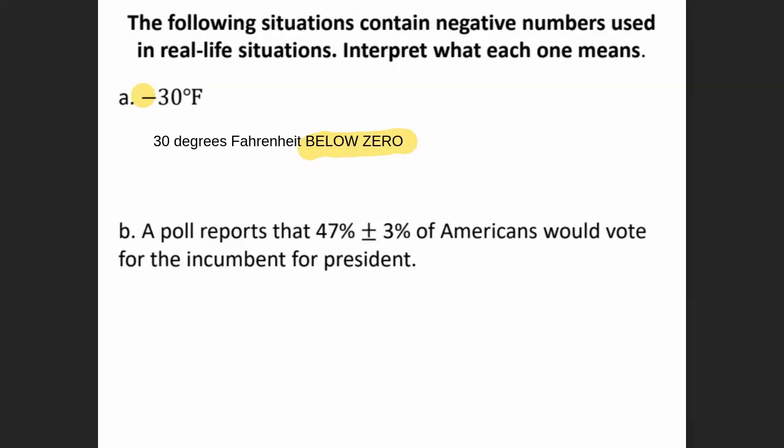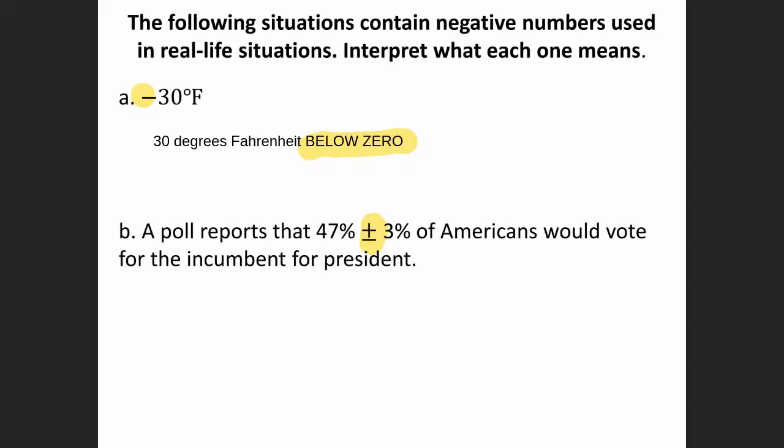Now, this one has a symbol that many of you have known. It's a positive or negative sign. Now, when you look at your answer choices, you are going to have to interpret what that positive and negative 3% means.